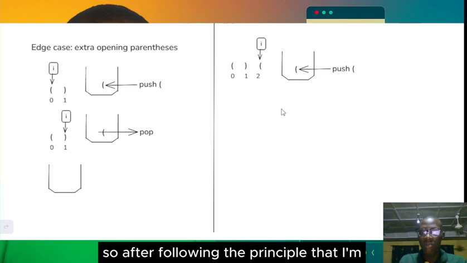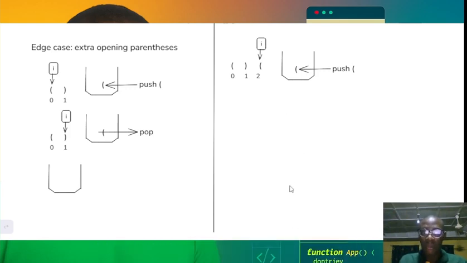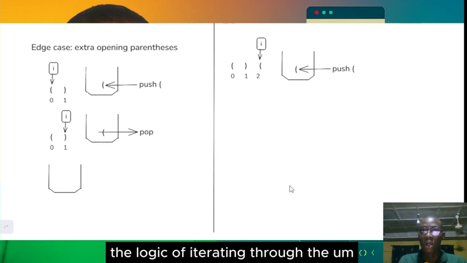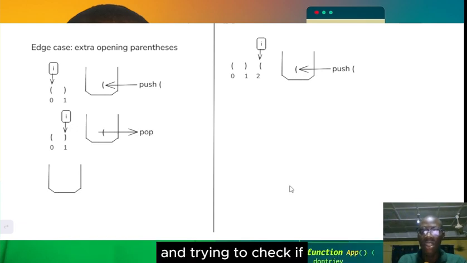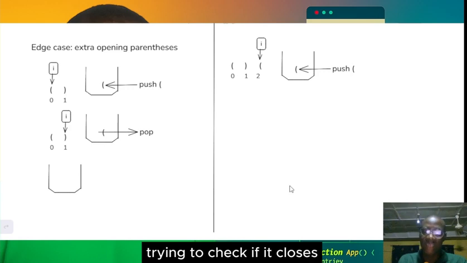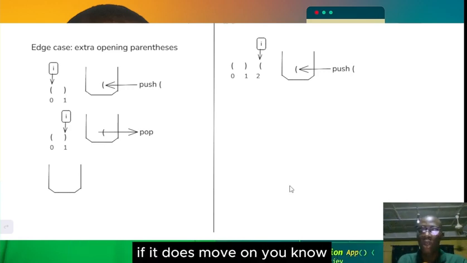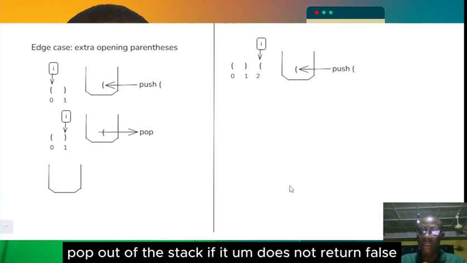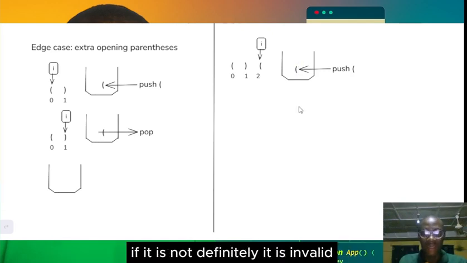So after following the logic that I explained earlier, iterating through the expression, adding every opening parenthesis to the stack, and whenever we encounter a closing parenthesis, checking if it closes the opening parenthesis at the top of the stack. If it does, move on and pop it out of the stack. If it does not, return false. After doing that, you then check if your stack is empty. If it is not, definitely it is invalid.